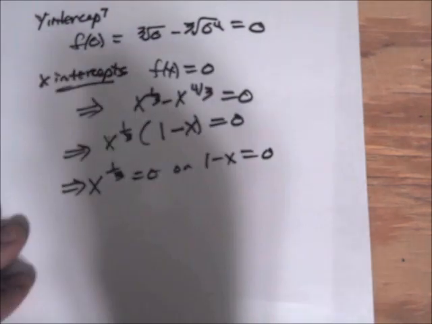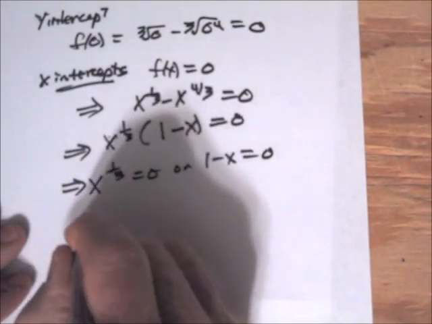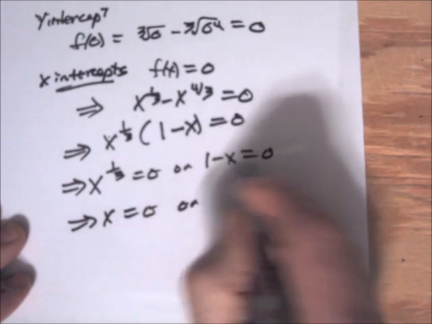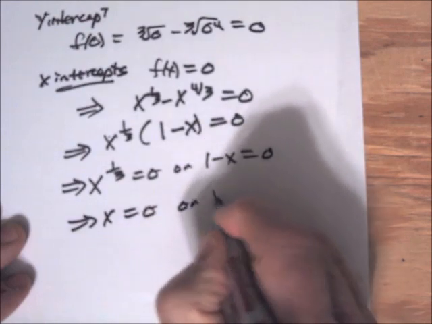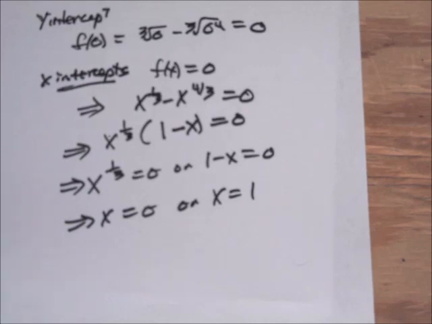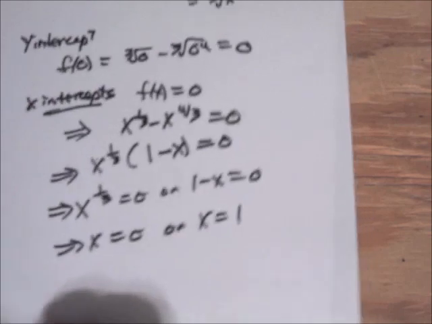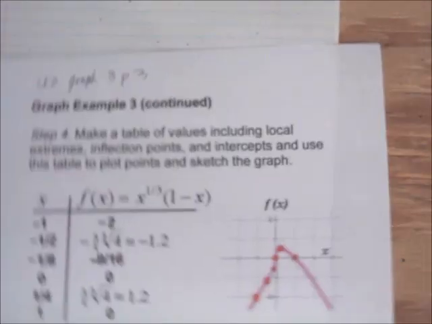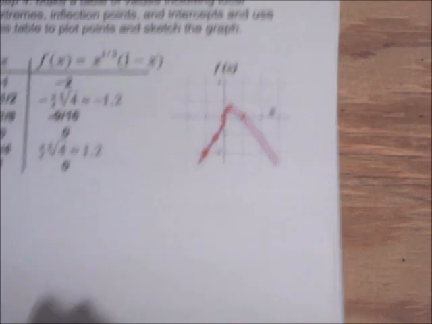And if you cube both sides here, you get x equals 0, or if you add x to both sides, you get x equals 1. So you have 2 x-intercepts, 0 and 1, and 1 y-intercept at 0. Okay, so then we can plot the points and sketch the graph.